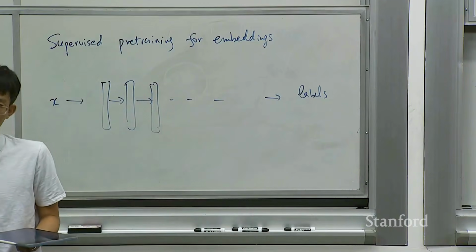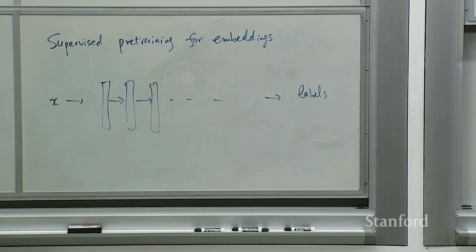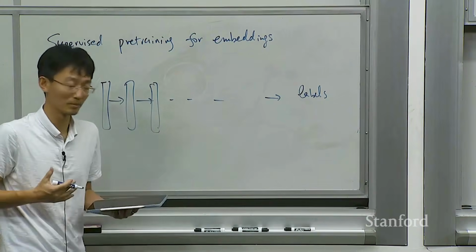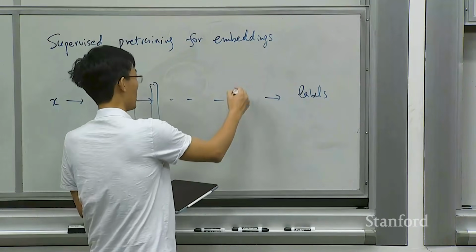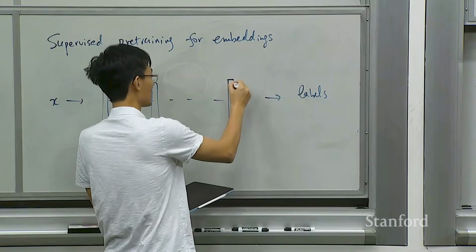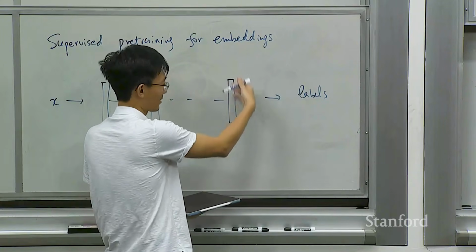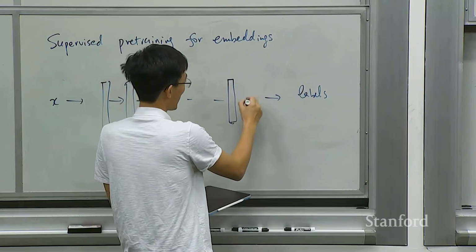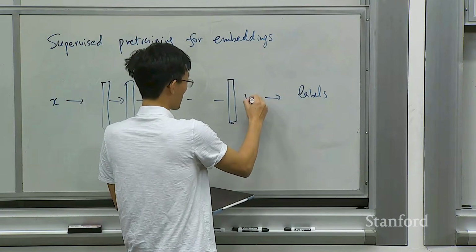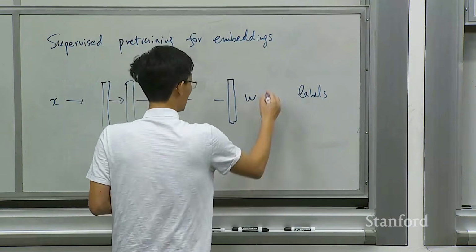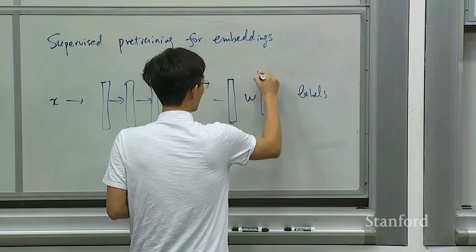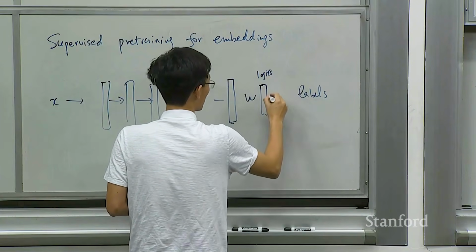You have 1,000 labels, for example in ImageNet, and you train a neural network to predict the labels. This neural network has many layers, and often the last-but-one layer is some kind of vector, and then you add some matrix W to turn it into logits, and then you do a softmax.